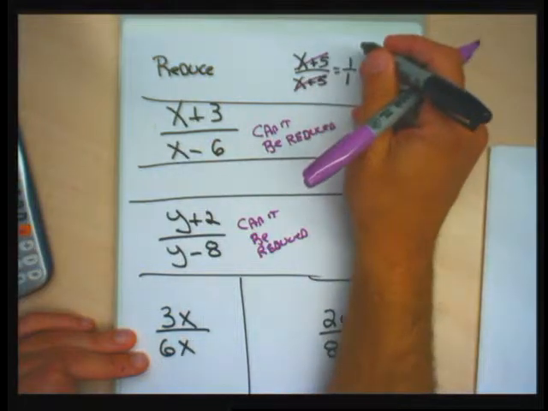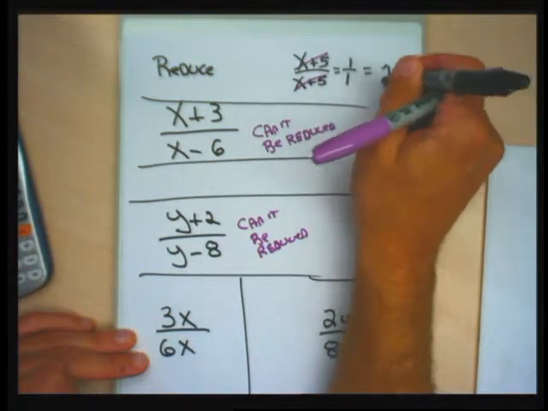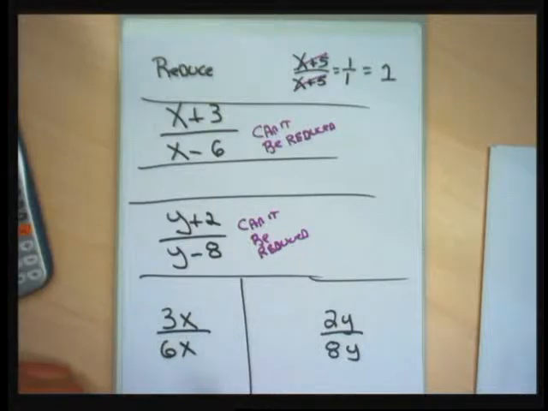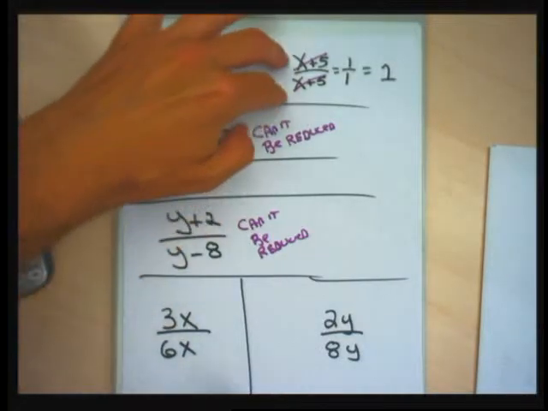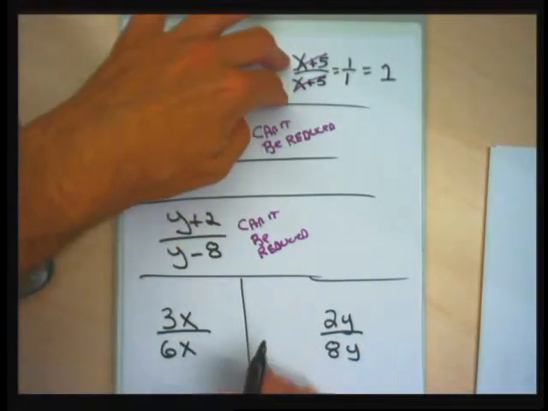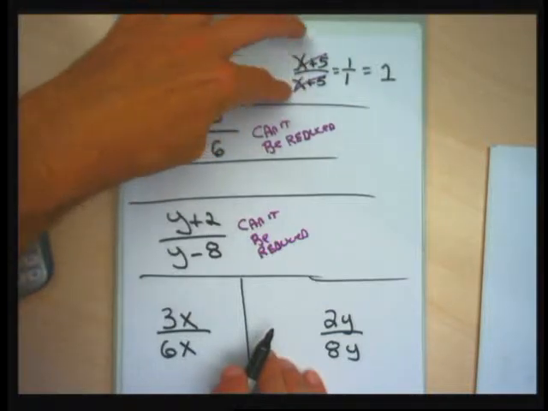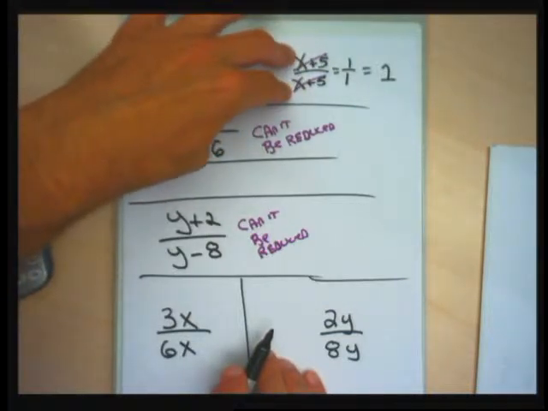So I cancel the x+5 with the x+5, I'm left with 1 over 1, which is 1. The only time you can cancel when you have a plus or a minus between a number and a letter is exactly this, when you have identical terms or identical factors between the numerator and the denominator.